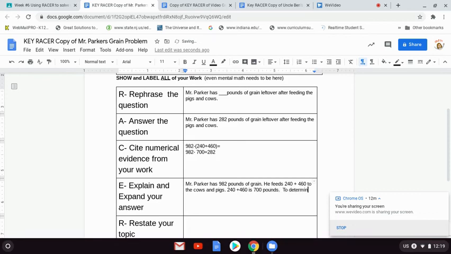To determine how many pounds of grain he has left over, we would take 982 and subtract 700, and the answer is 282 pounds left over. Okay, and then we have to restate the question or restate the topic. And there we go. That's our answer.